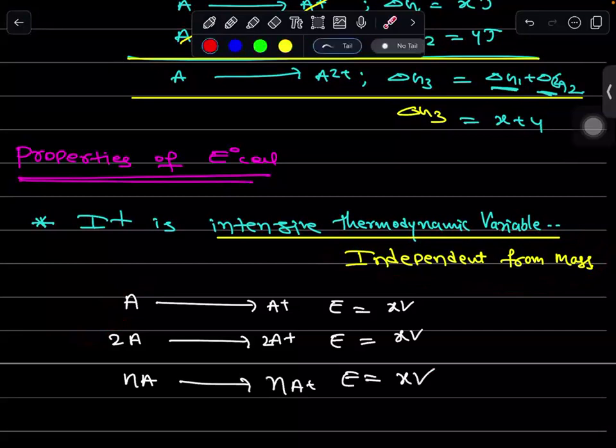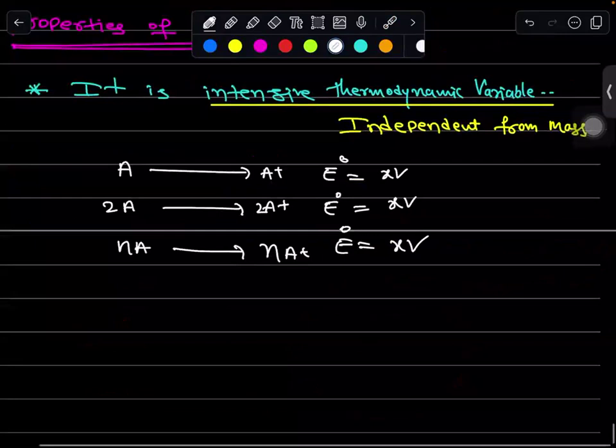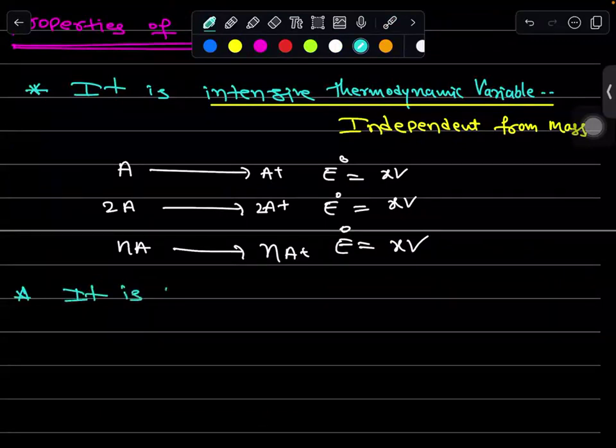Whatever number you take here, it remains the same. Are you understanding? Whatever moles you take, the E naught value will remain the same. That's called an intensive thermodynamic variable. Next property: it is a non-additive property.